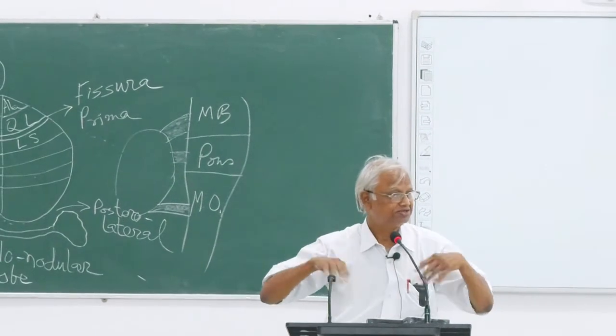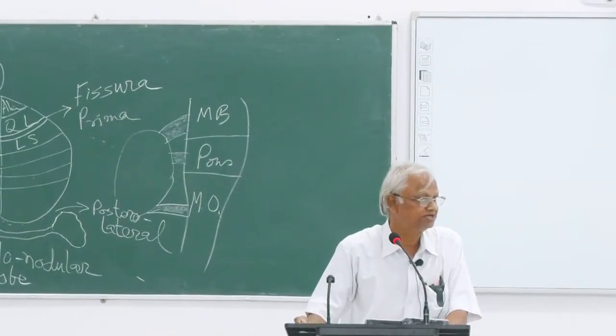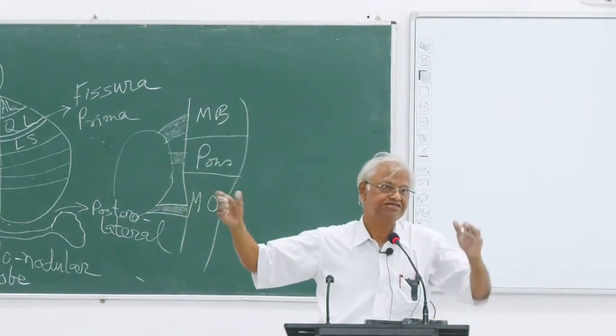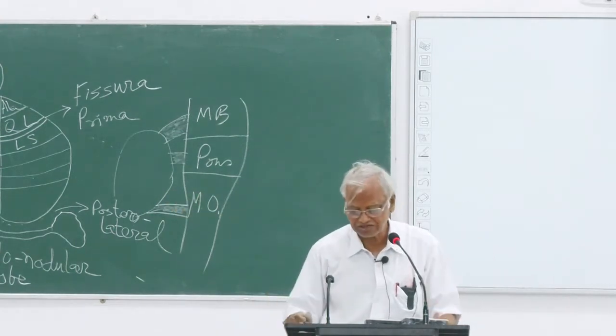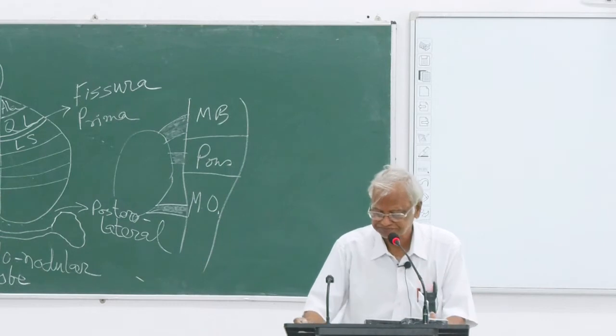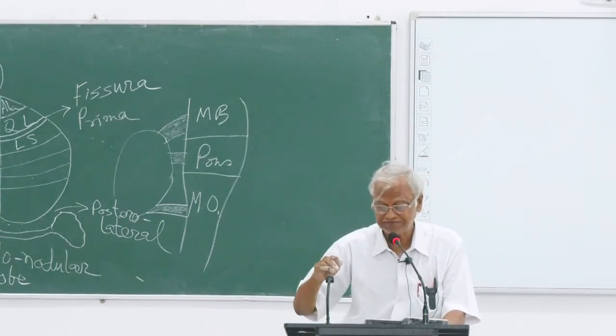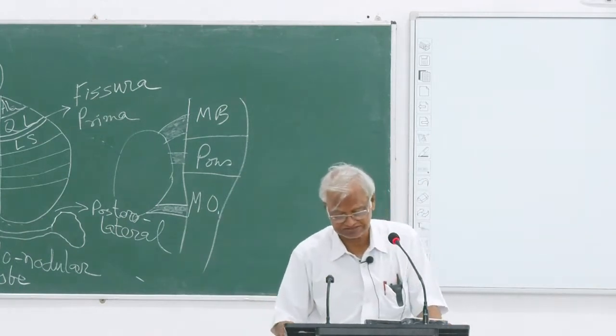Then the anterior lobe: on the sides are the ala and the quadrangular lobule. Beside declive, there is the lobulus simplex.